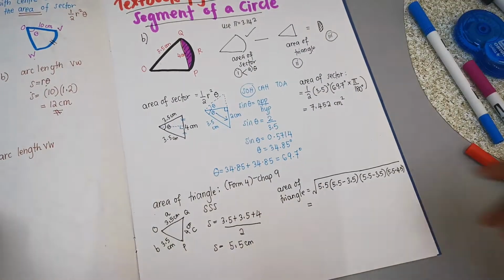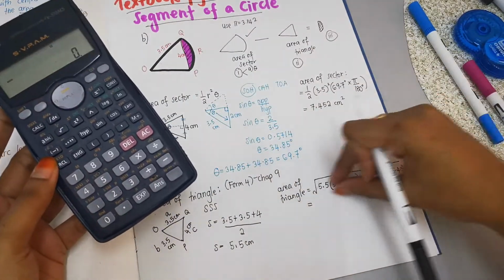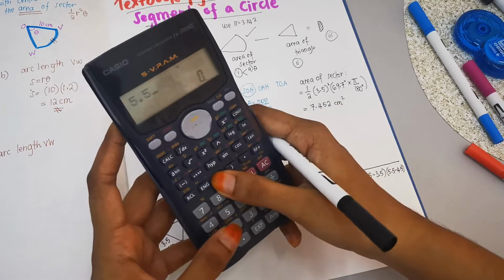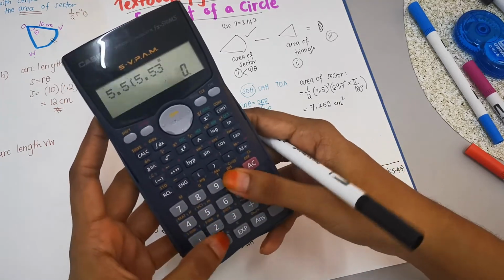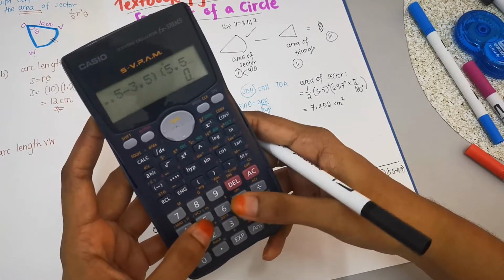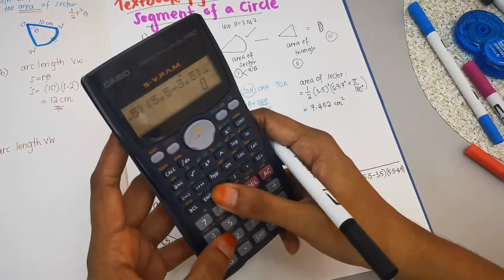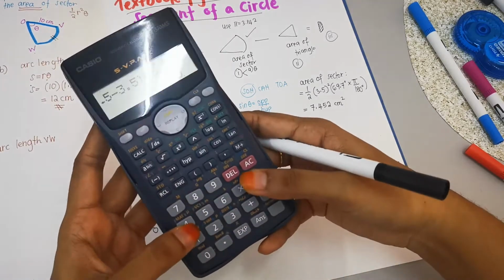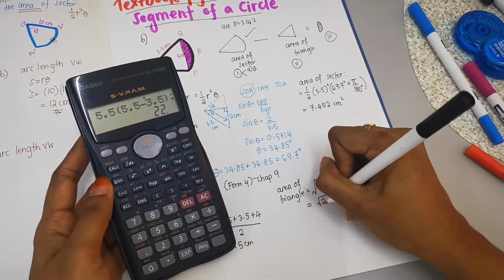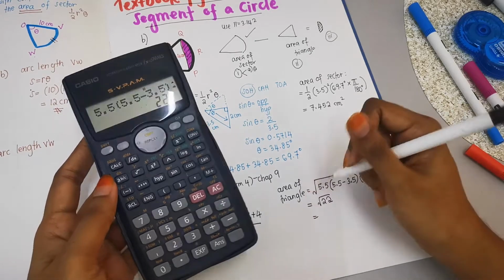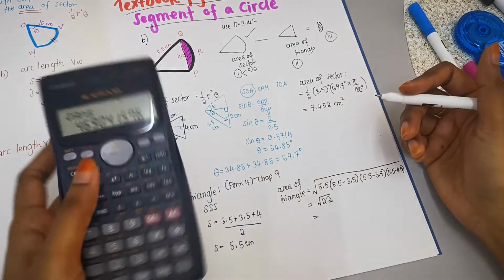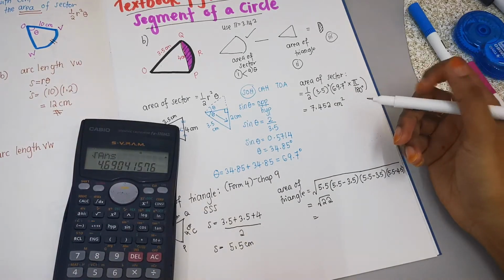Alright, now we key in our calculator. Let's do the inside part before the square root: 5.5 times 5.5 minus 3.5, then 5.5 minus 3.5, then 5.5 minus 4.5. So inside here will be square root of 22. Hold on, let me check.